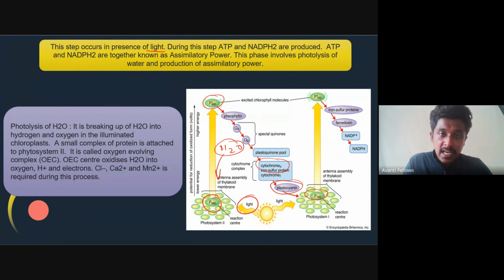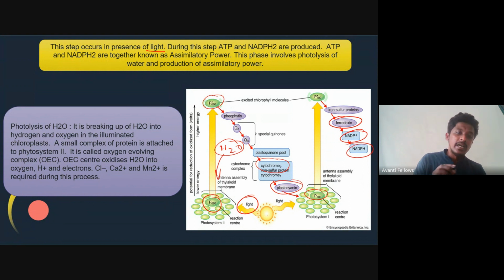As photolysis contributes to the supply of electrons, they move down the order, reach photosystem 1, and get excited. Eventually, ferredoxin reduces NADP plus to NADPH. Now remember students, this reaction is very crucial for us because it produces one of the key products of the light reaction, that is the formation of NADPH.